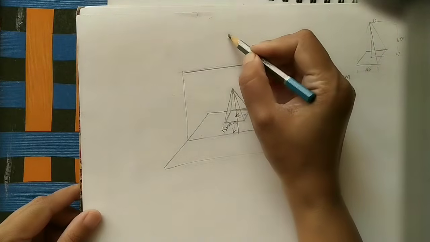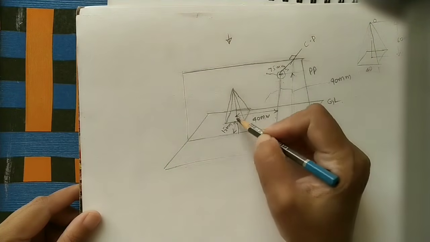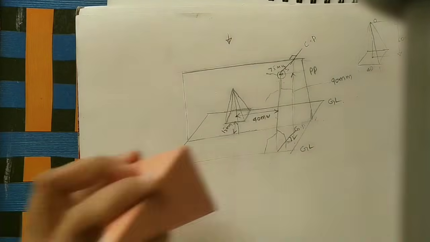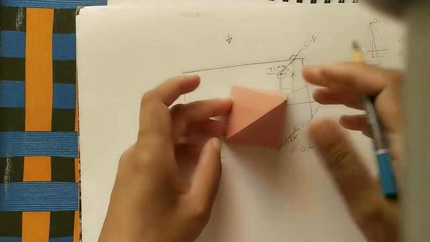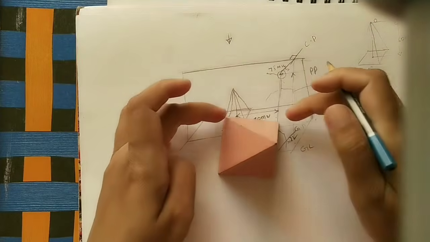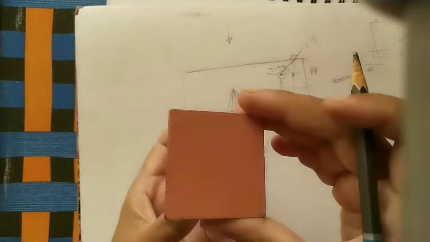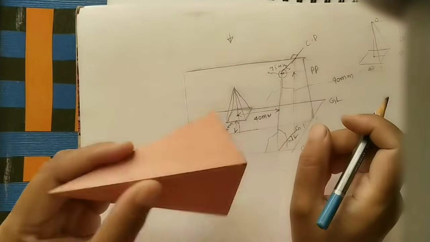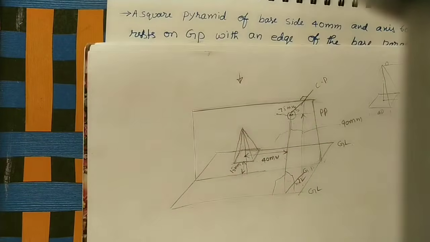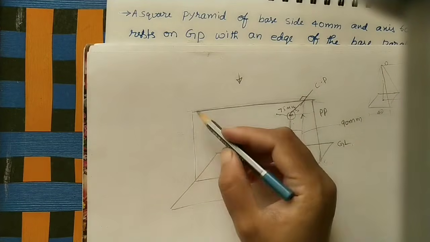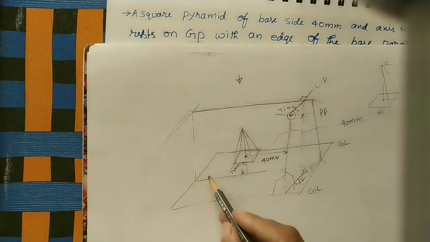Top view means if you see this pyramid from the top, we can see this square exactly as it is. Do that top view initially. For doing the top view, we have to draw one more horizontal plane parallel to this.